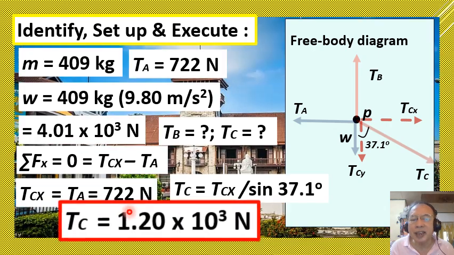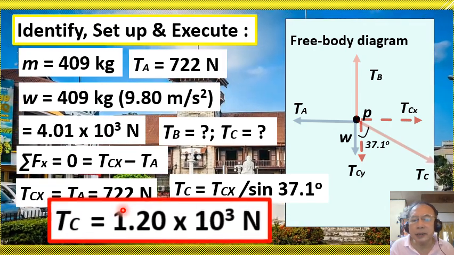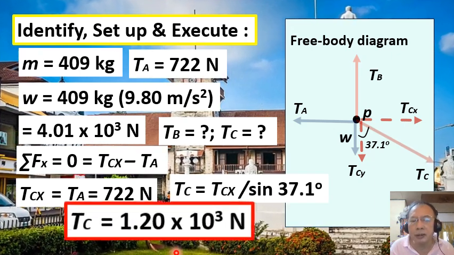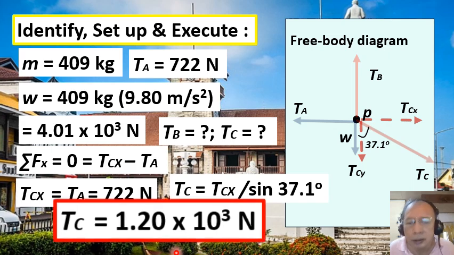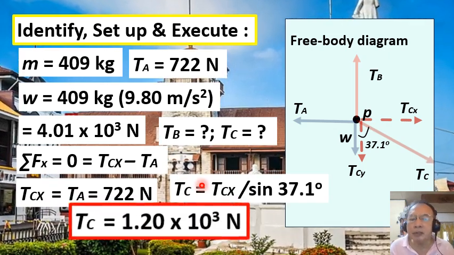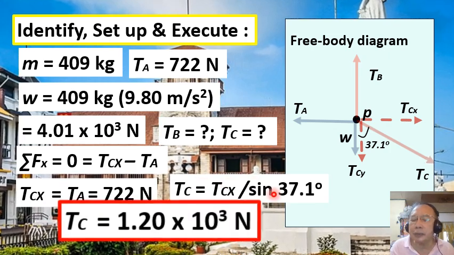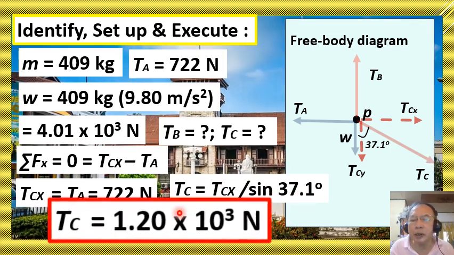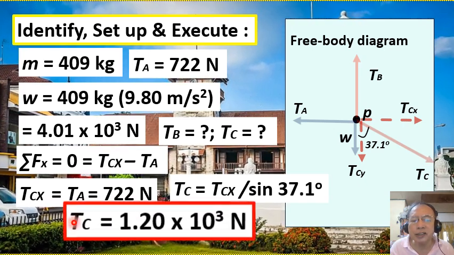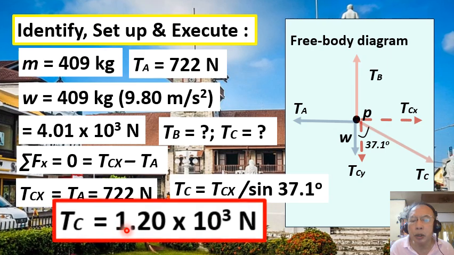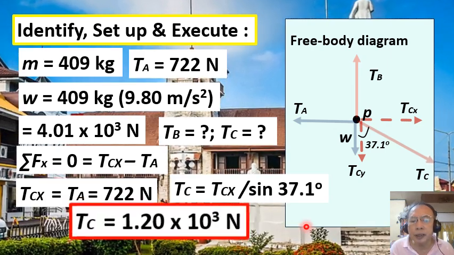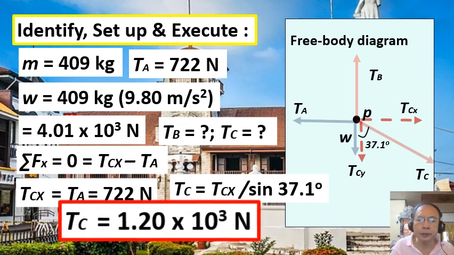And since TCx is just equal to 722 newtons, that makes tension TC equal to 722 newtons divided by the sine of the angle 37.1 degrees, or doing our math, we will get the magnitude of the tension TC equal to 1.20 times 10 to the third power newtons in 3 significant figures.